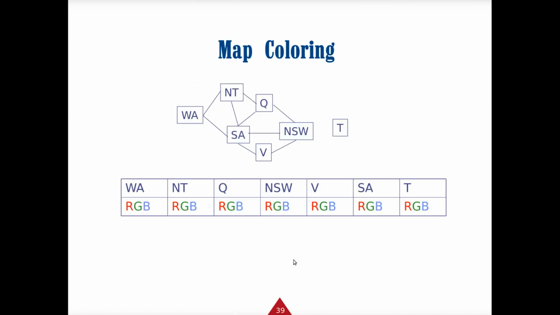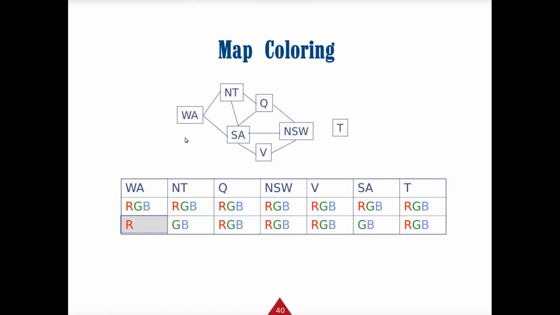So for the color mapping, for WA, we have RGB, so we add all the constraints to it. So I'm going to assign WA to red, and so now since WA is connected to NT and SA, G and B are not available. R is not available for this one, nor is it available for SA.